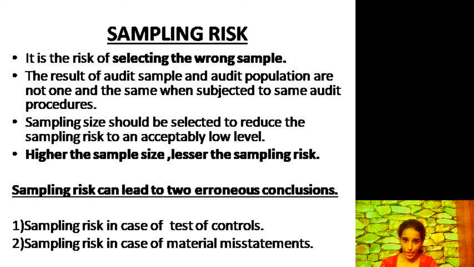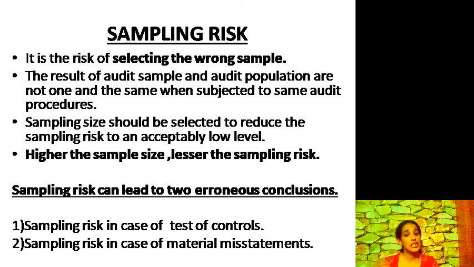The same audit procedure I apply to the entire population, that is the entire set of transactions. In an ideal scenario, the result obtained from the small audit sample and the audit population should be identical, should be one and the same. It's because the sample is representative of the population.